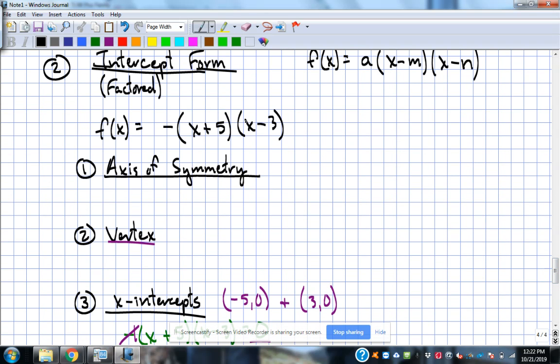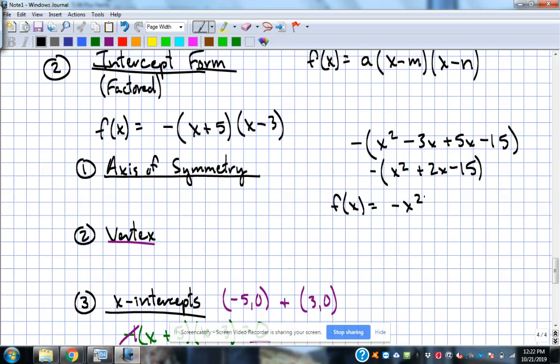So if I multiplied out x plus 5 times x minus 3, and then it's got the negative on it, that'd be x squared minus 3x plus 5x minus 15, and then simplify that, and then distribute the negative, so we have -x squared minus 2x plus 15.